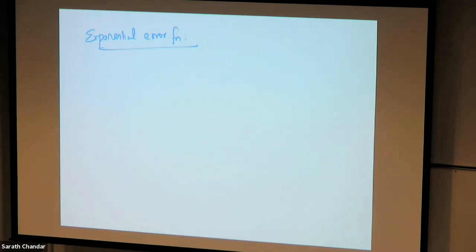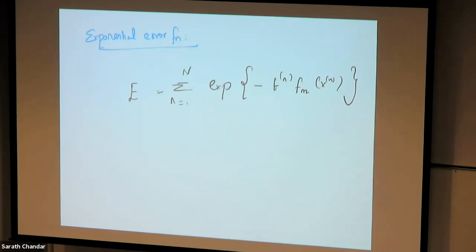Now the exponential error function is defined like this. So E is given by summation n is equal to 1 to N. As you can easily guess, this is going to be the exponential of the mistake, okay. So it's going to be exp of minus t_n f_m of x_n. Is that clear?